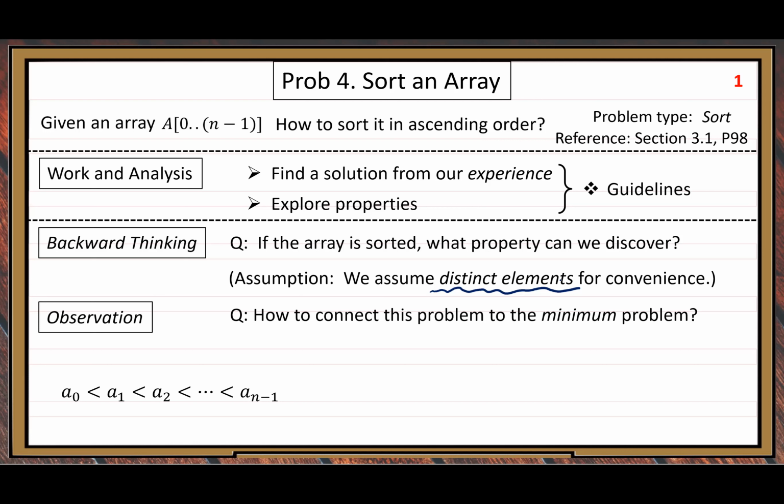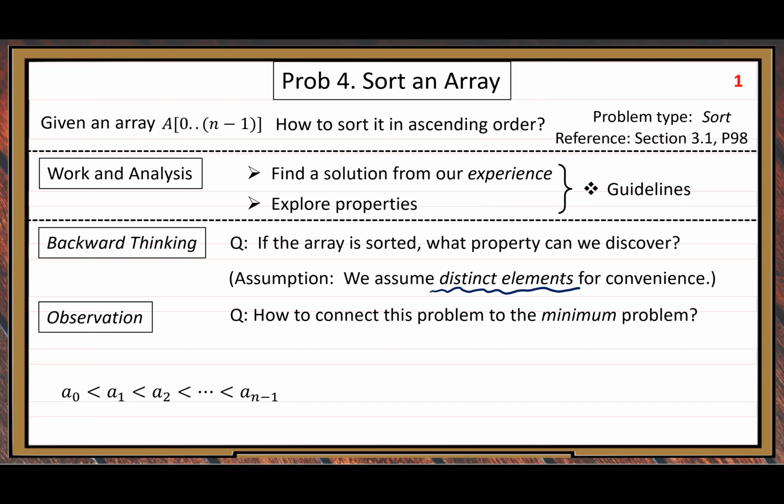Backward thinking: we assume the array has been sorted, so it's in ascending order. Now, can you tell me some interesting property related to the minimum problem from that diagram? Can you connect to that minimum problem? Or I ask you a question this way.